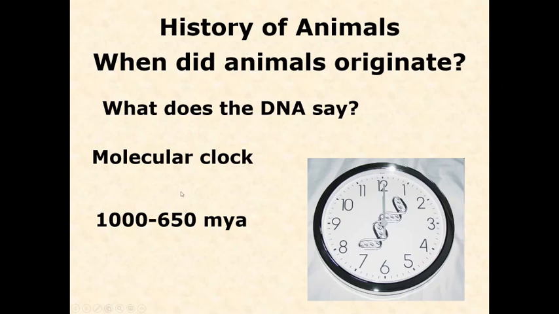So that's one reason, but probably a more likely explanation is what we already talked about with the fossil record. The fossil record is fragmentary, and so it's likely that animals were around at this time that the molecular clock is saying, but we just don't have fossils for them, or we have fossils that are a little bit controversial, so we don't have very many of them. They're not preserved in as fine a detail as maybe we would need.